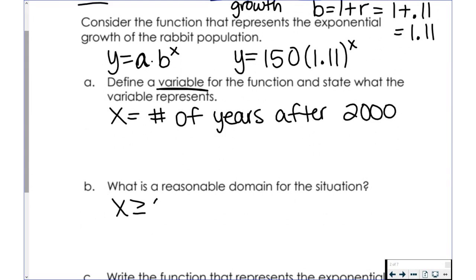So you can write it like this. We don't have an end to it because there's nothing specifically telling me when to stop counting. So we're going to say that it starts at 0 and goes to infinity. So either one of these is correct. I don't mind which one you use.